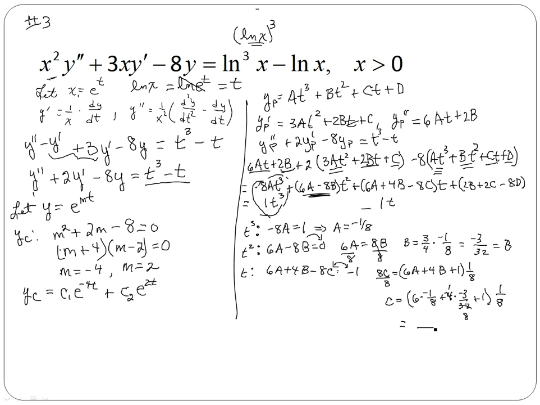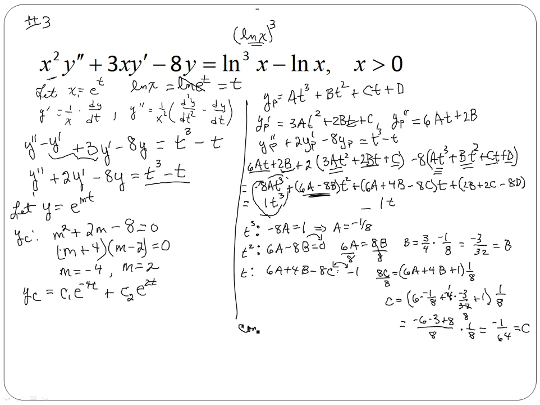And I'll write these using a common denominator of 8. So this first term is negative 6/8. I'm adding a negative 3/8. That's from this second term. And then 1 is the same as 8/8. And all of that's multiplied by 1/8. So let's see, negative 6 minus 3 is negative 9, plus 8 gives me a negative 1/8, times 1/8 will give me negative 1 over 64. That's the value for c.